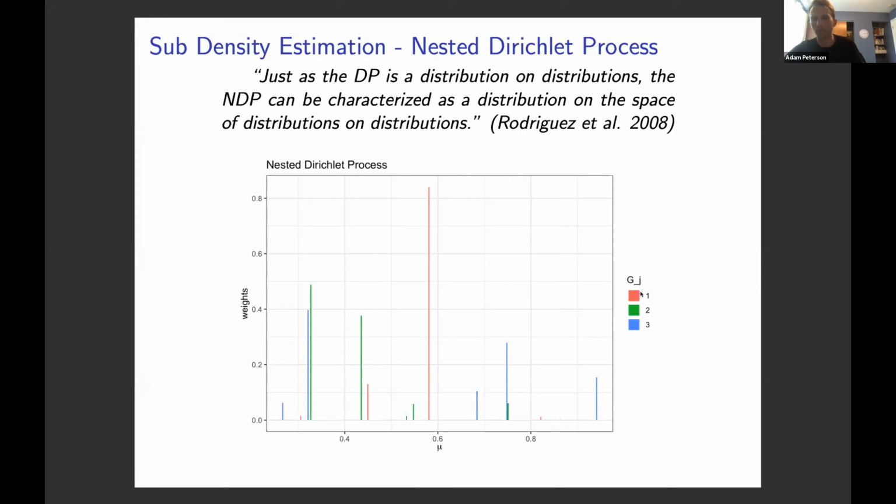So school 1, or for some number of schools, they'll be assigned to the G sub j1 here. And some other number of schools will be assigned to G sub j2, that each have their own kinds of mixed non-parametric density estimates. Again, this might seem a little bit crazy, just hang on and bear with me here.